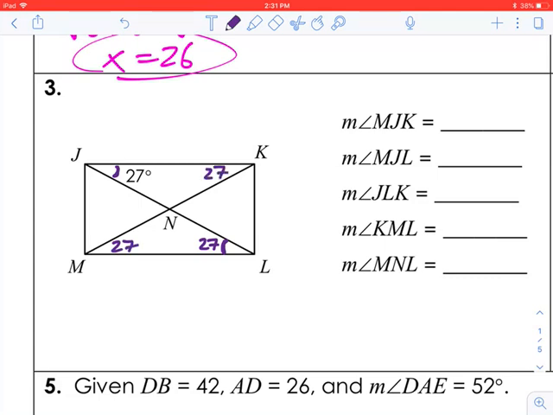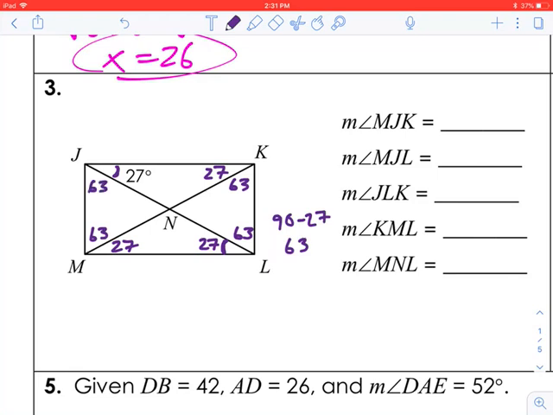All the inside angles are congruent, and the others are just whatever makes 90. So 90 minus 27 is going to give us 63. So this is 63, this is 63, this is 63, and this is 63.